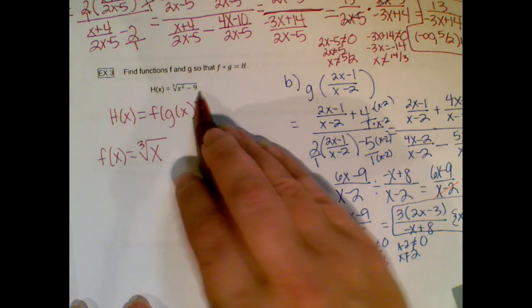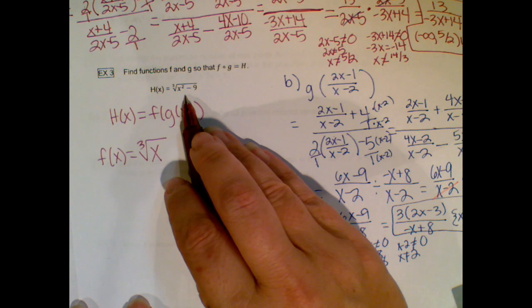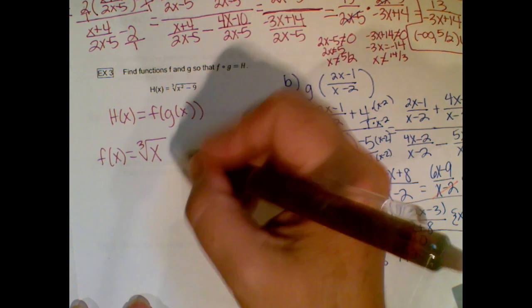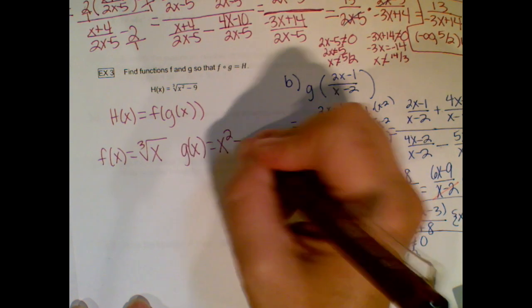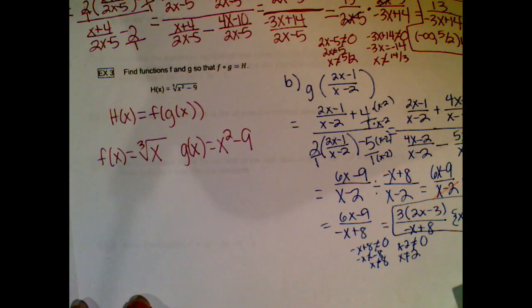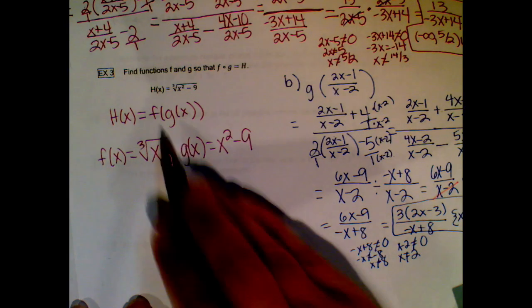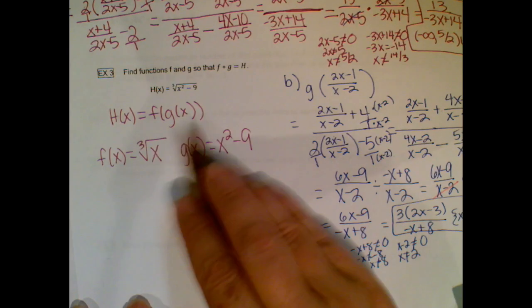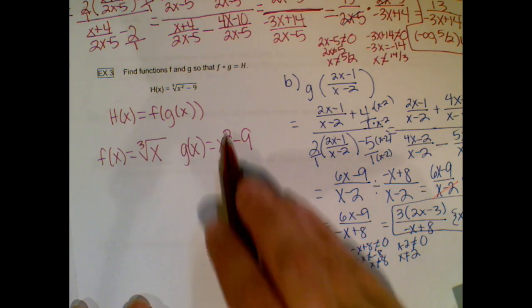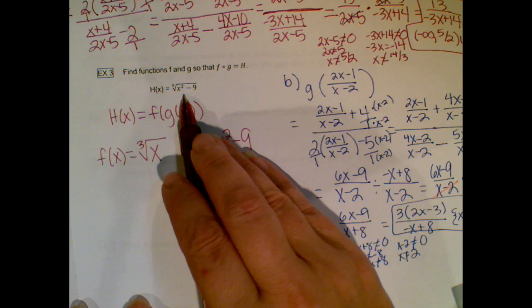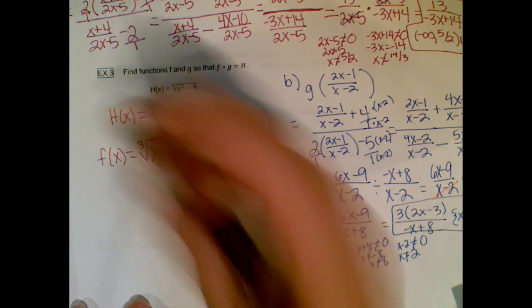The inside is what I have the cube root of, x squared minus 9. So the inside function should equal that. And you can always check your work. If you do f of g of x, that means f of x squared minus 9, the cube root of x squared minus 9, which is exactly what I'm looking for.